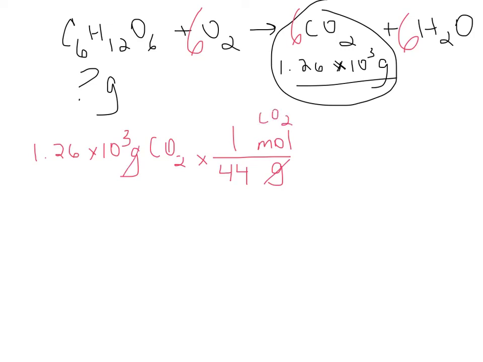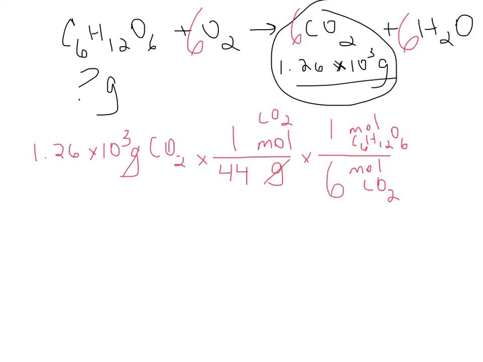This is moles of CO2. I want to convert to C6H12O6, so I'll put moles of CO2 on the bottom and moles of C6H12O6 on the top. And now here are your mole ratios. If you didn't balance it, it'd be all ones, so you should know you're doing something wrong if it's all ones, potentially. So moles of CO2, 6 there and 1 there.